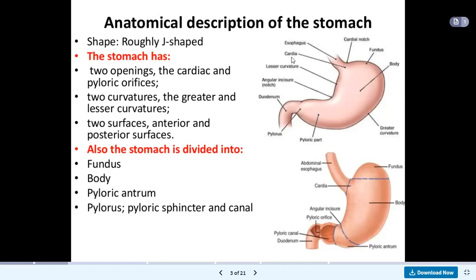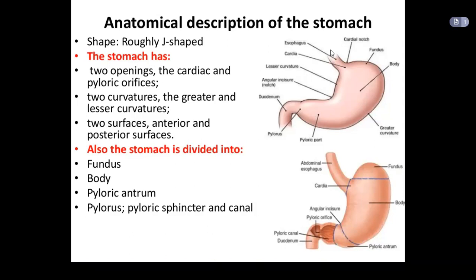Now, this part of the stomach is cardia, but the opening that connects the stomach to the esophagus is called the cardiac orifice. But this cardiac is not related to the heart. It has nothing to do with the heart.